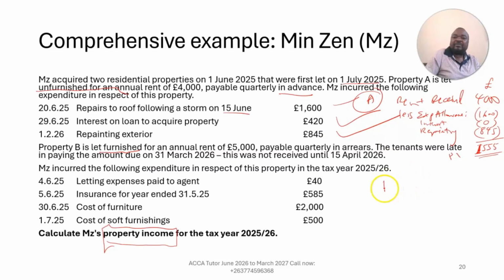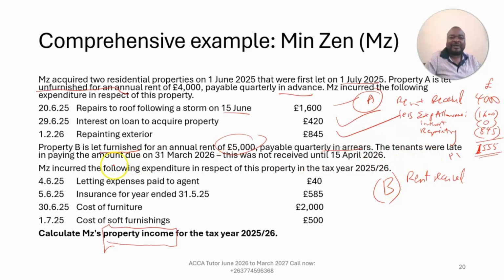Then let's do for property B. Rent received. This one is paid quarterly in arrears. Okay, they get annual rental of 5,000 payable in arrears. You see the description or the statement of the examiner.